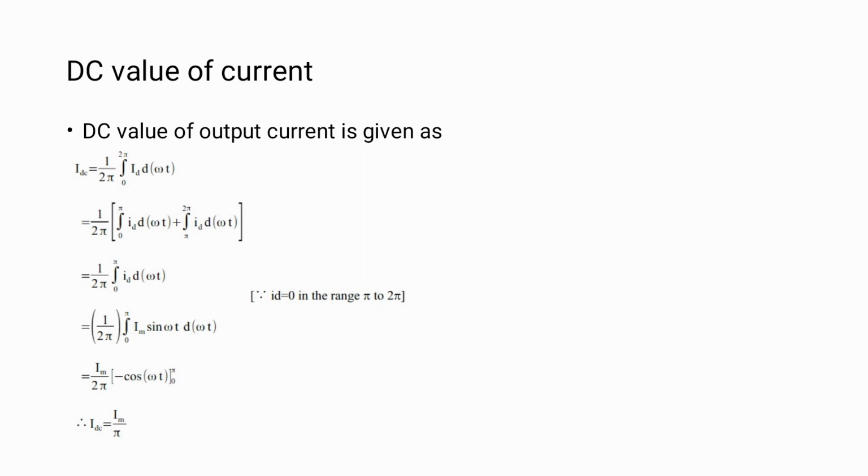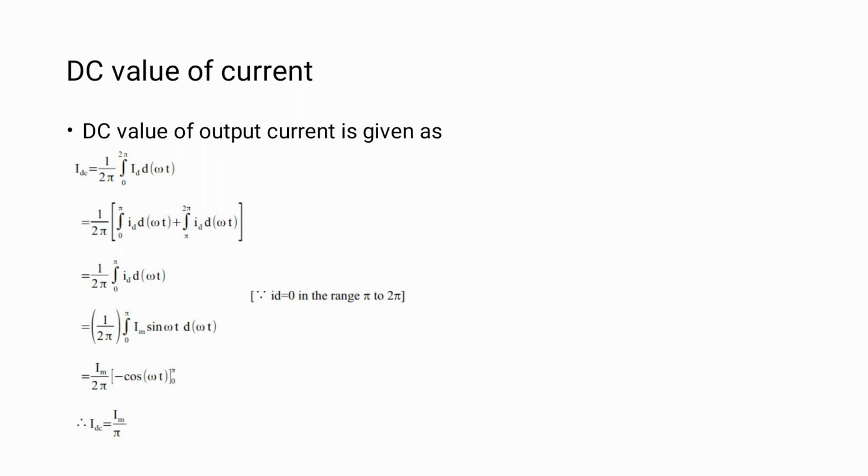Next, we are discussing the DC value of current. The DC value, that means the average value of output current, is given by IDC, which is equal to 1 by 2 pi integration from 0 to 2 pi of Id d omega t. Now Id is the diode current, which was previously shown as Im sin omega t from 0 to pi, and it is equal to 0 from pi to 2 pi.